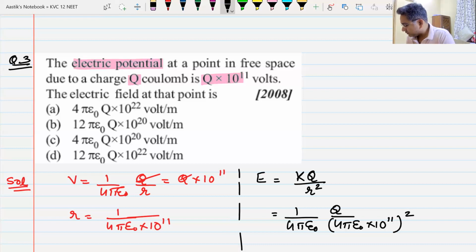It's coming different. Have I done anything wrong? How did you do? Please tell me. Sir, R equals to R equals to what?